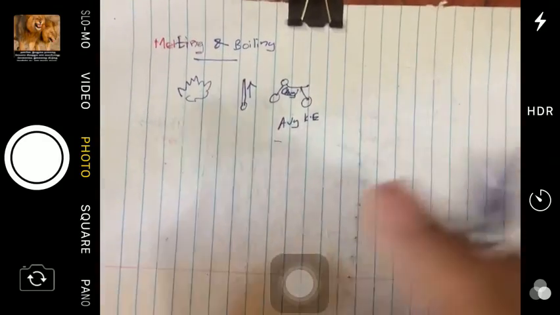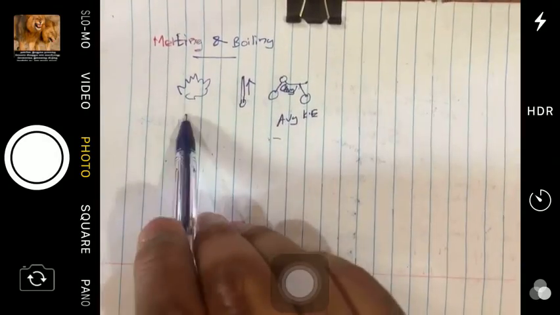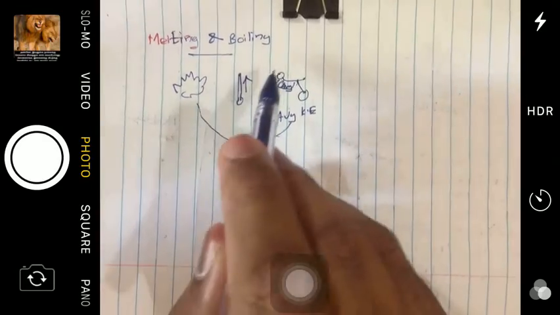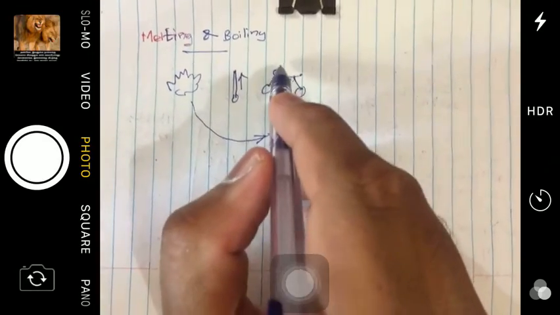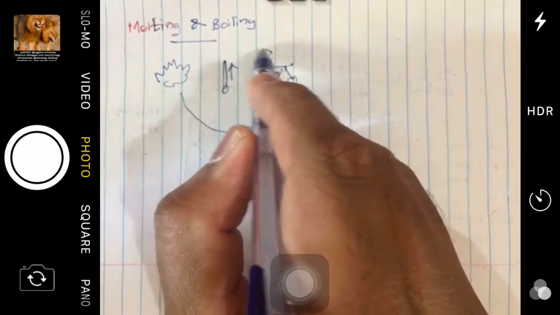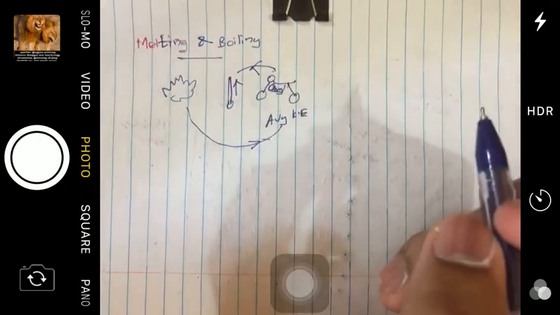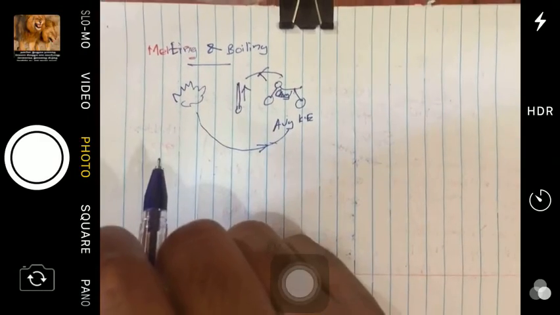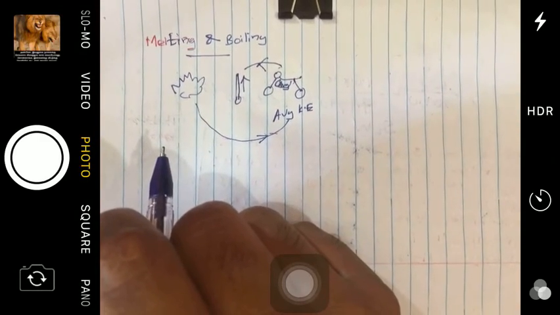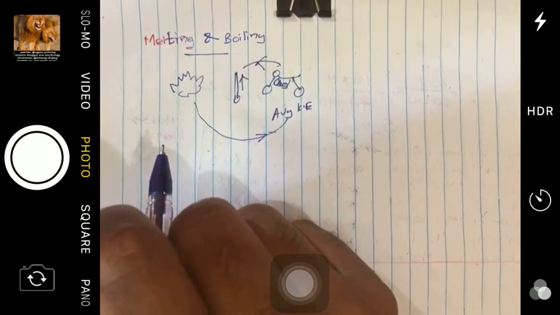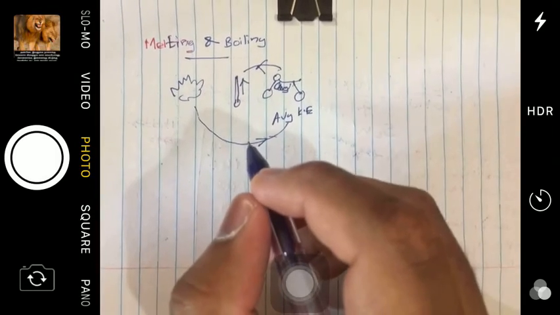So when you give heat, the molecules start vibrating more or moving more, and the average kinetic energy increases, the temperature increases. But there is something.